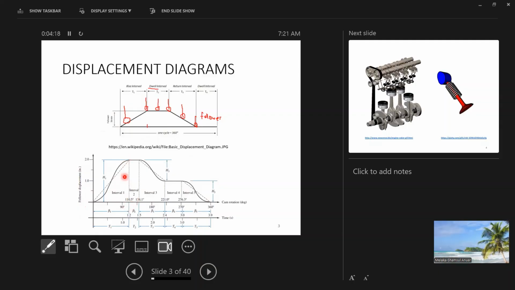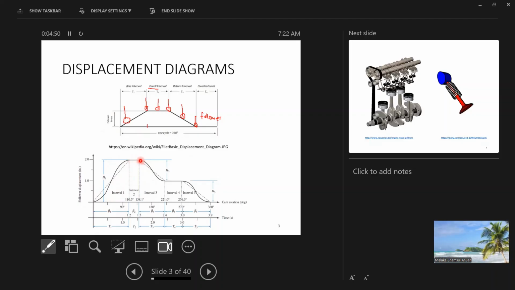All right, so there are many phases in the displacement diagram. As we go from left to right, when you go uphill, this phase is called the rise motion. And when it is flat like this, this is a plateau, meaning it is maintaining its current position.